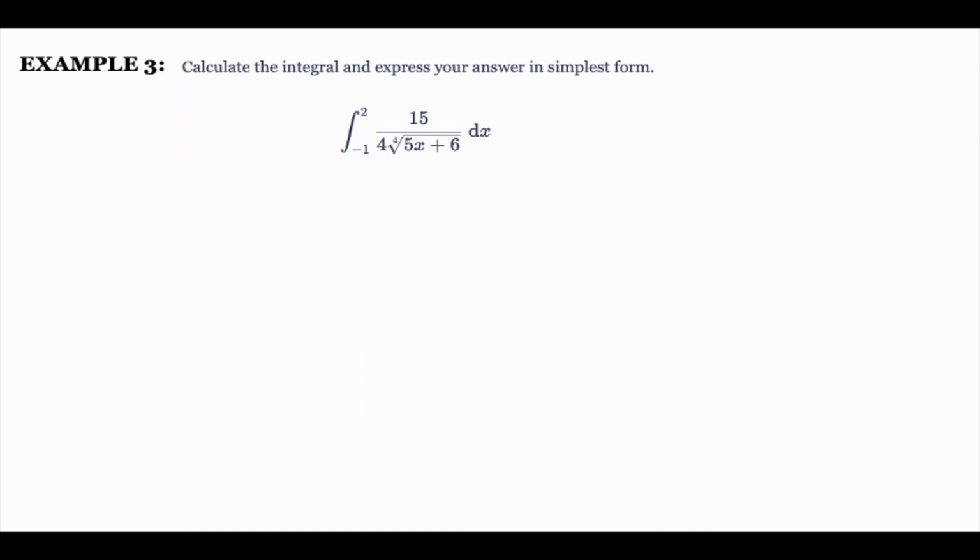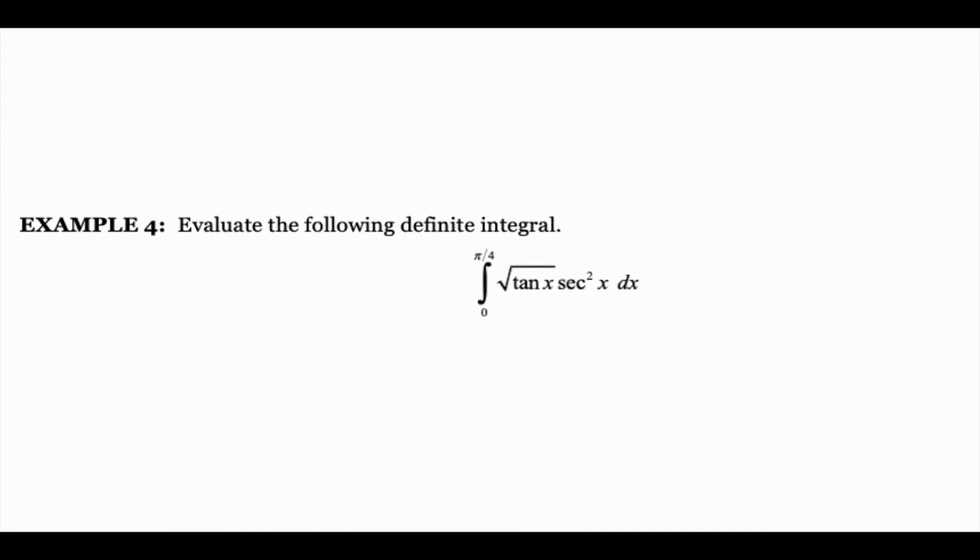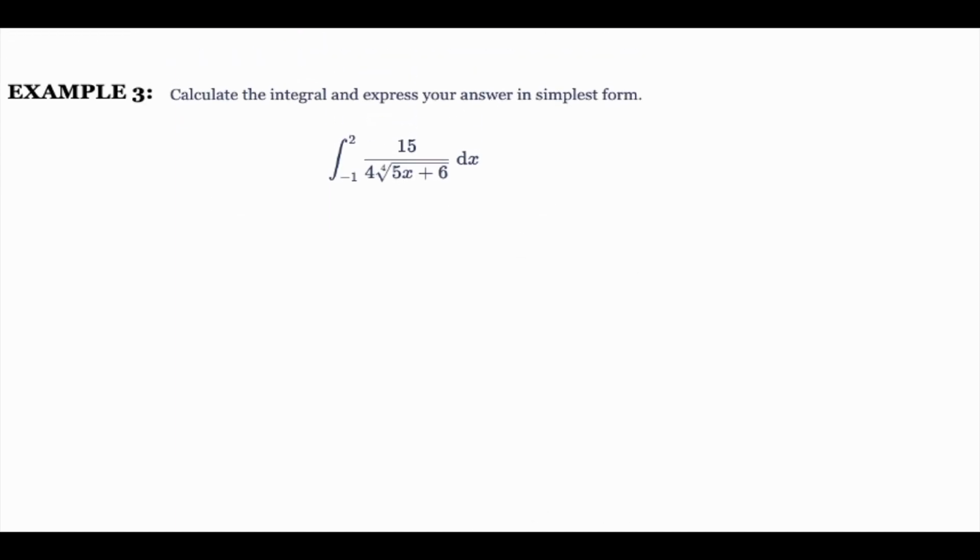Okay, so number 3. What I want you to do for number 3 is picture that these aren't there. I want you to do it to that spot, and then we'll do that. So find the antiderivative. Picture these aren't there. You guys did that last week.